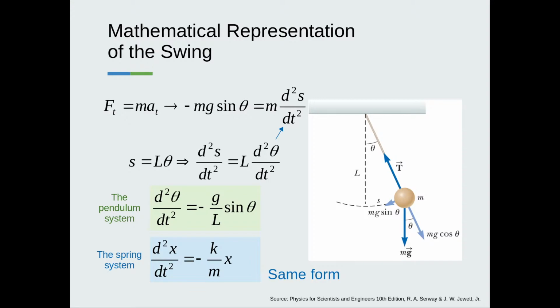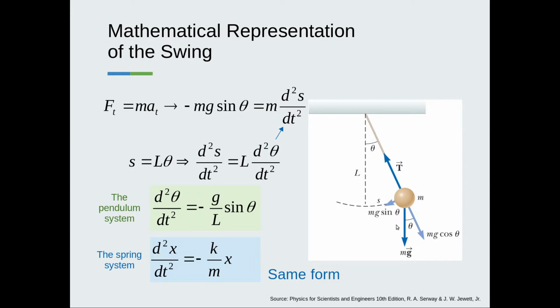Now the force which is driving the pendulum swinging is the tangential component. So F tangential is equal to the mass times the tangential acceleration. I think this is a key point.